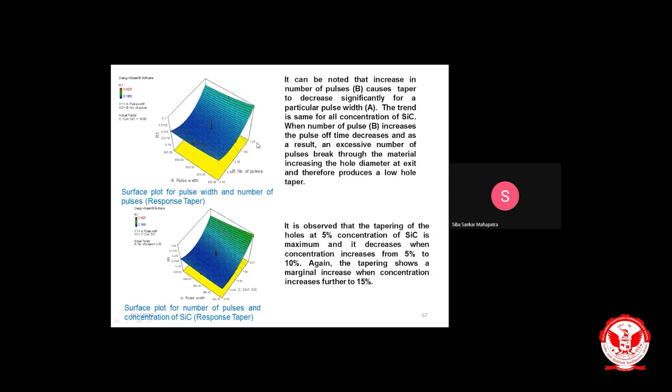Here the number of pulses is 1 and here the number of pulses is 3. When the number of pulses increases, the taper decreases significantly for a particular pulse width value. Take any pulse width value, then it decreases. The trend is the same for all concentrations of silicon carbide.